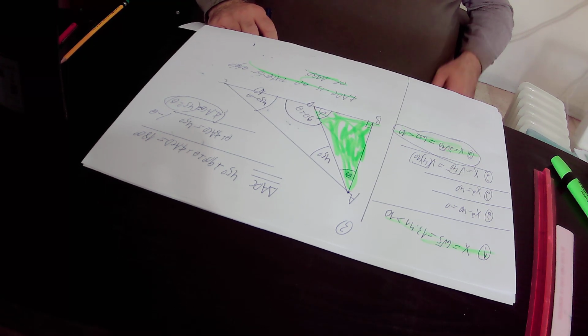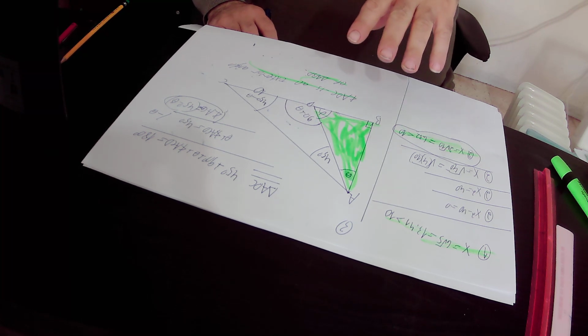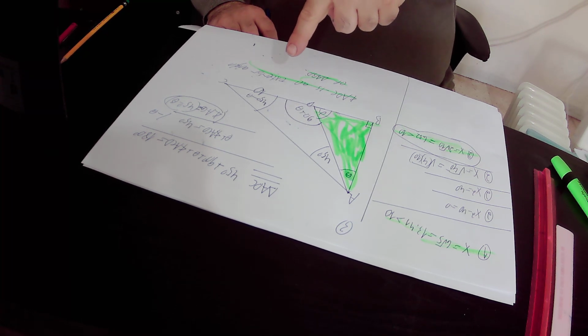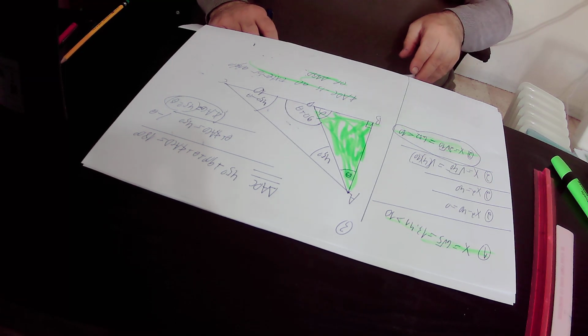And from the drawing, it is very easy to see that this angle, angle ACD, is the smallest angle in triangle ADC.